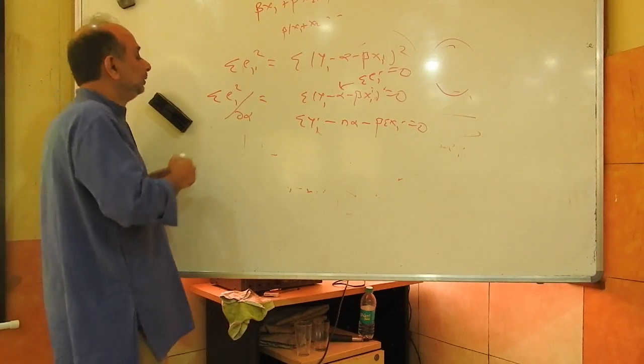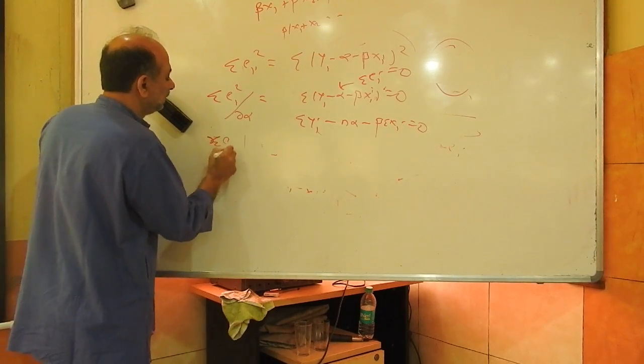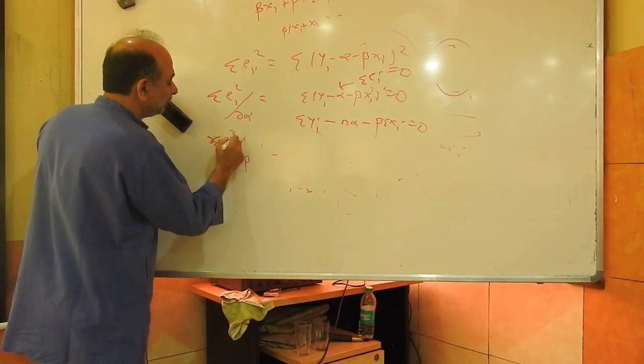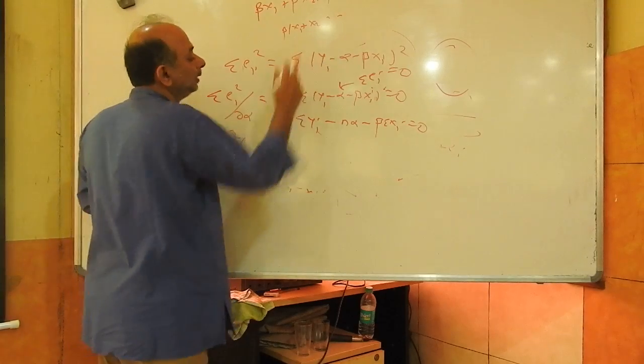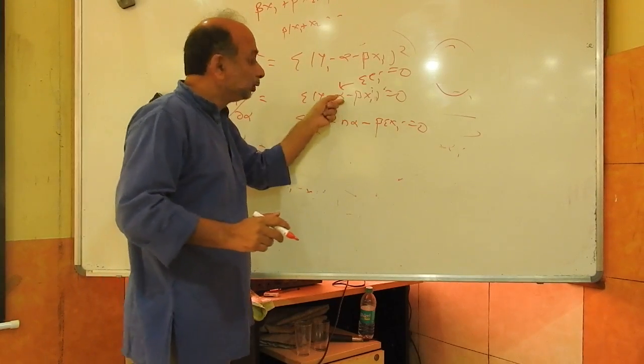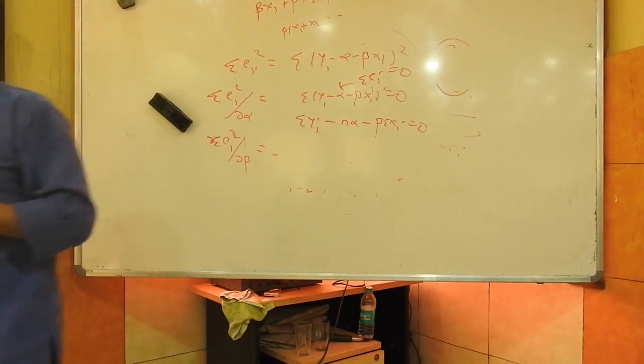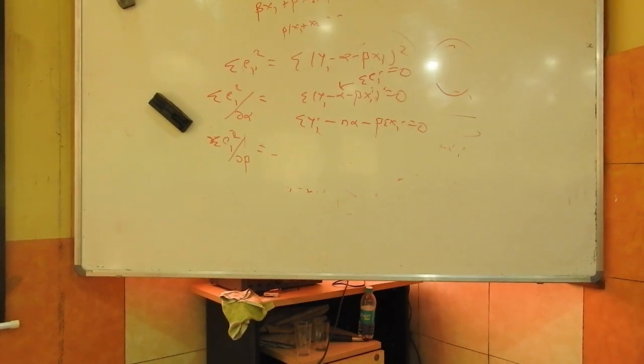Right? Okay. Now similarly, the derivative of summation ei square by d beta. Right? What's that going to be? Please remember that this summation ei is equal to 0 also. Summation (y minus alpha minus beta xi) is equal to summation ei. y minus alpha minus beta xi is ei. So summation (y minus alpha minus beta xi) equal to 0 is nothing but summation ei equal to 0.